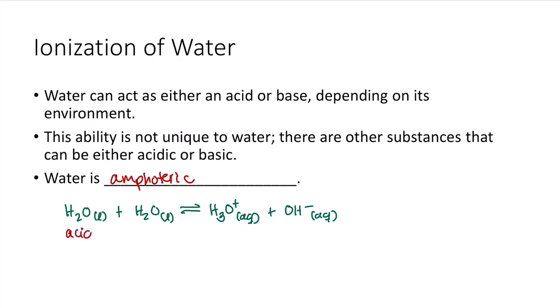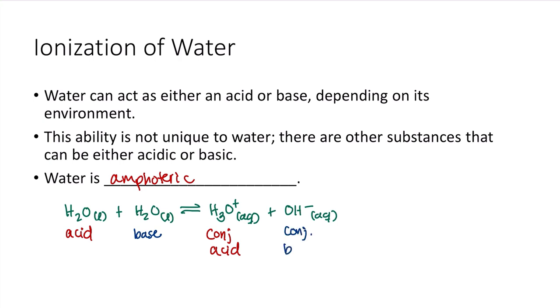One of these waters is going to act as my acid, and one of them is going to act as a base. When the base accepts a proton to become hydronium ion, the conjugate acid is hydronium ion. When the acid donates a proton, it becomes hydroxide.